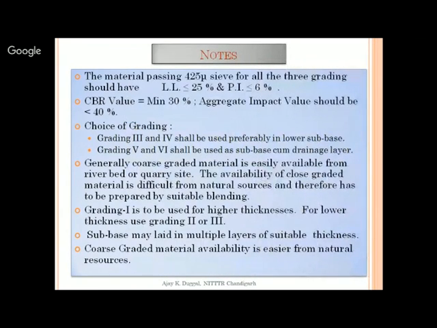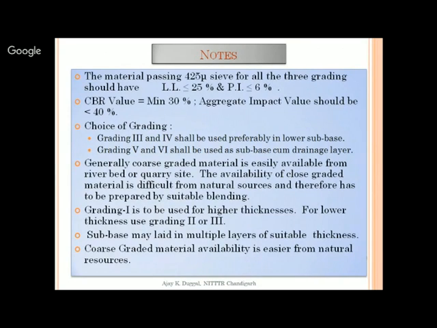Further specifications say that grading 3 and 4 shall be used preferably in lower sub base. What do we mean by lower sub base? As we said, if the sub base consists of more than one layer, the lower layer is termed as lower sub base.